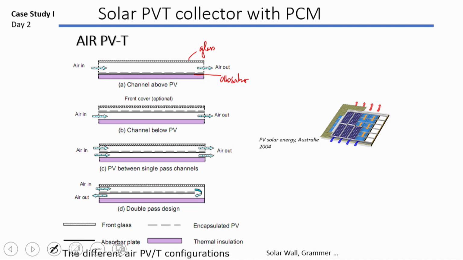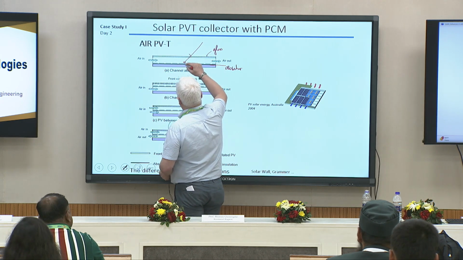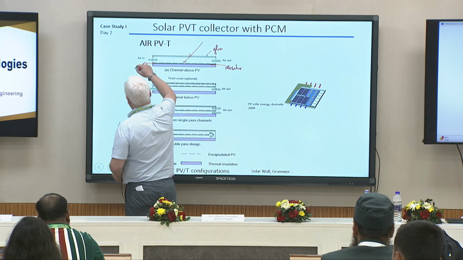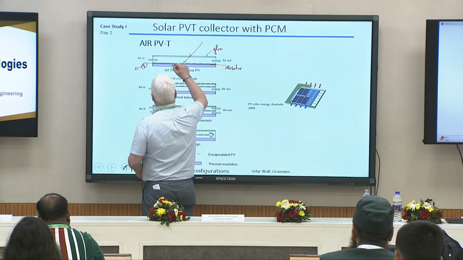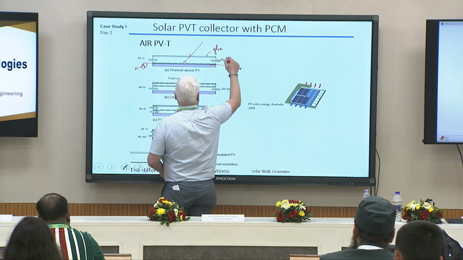And so the air... So the radiation is crossing the glass, goes to the cell, a part is converted to electricity, and the other part is recovered as thermal energy in the air.